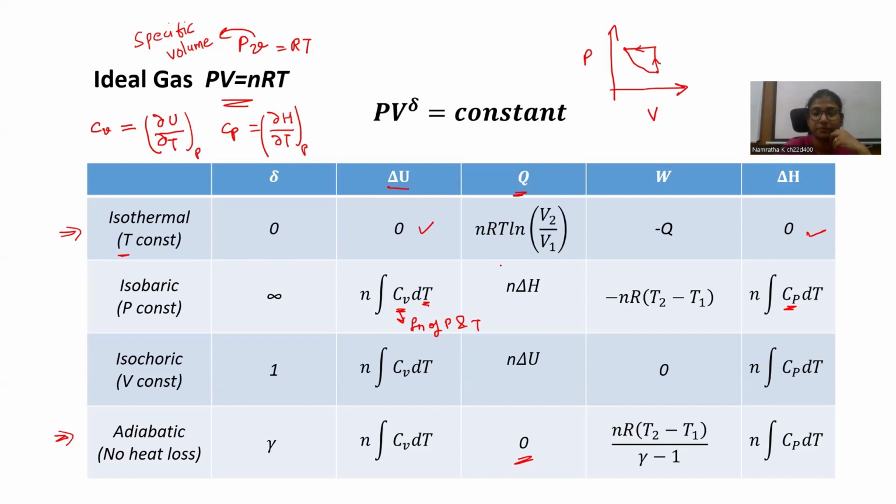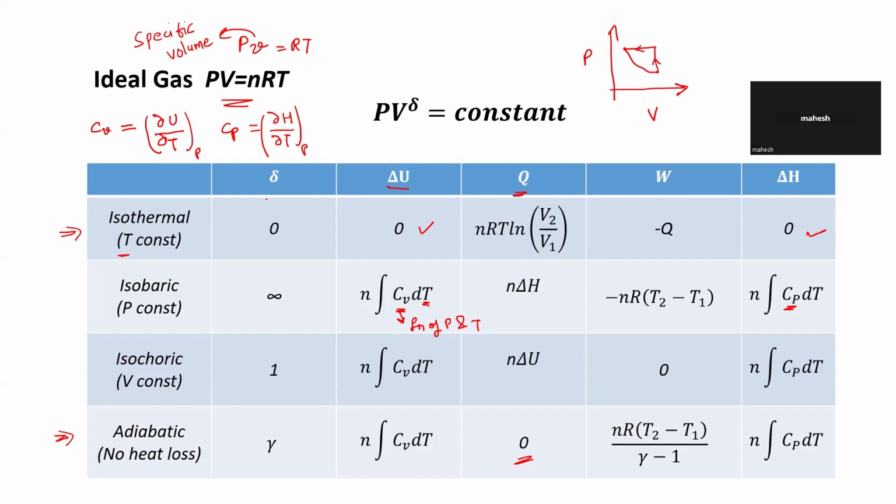For the other processes also, in the above discussion I forgot to say that all these processes follow the same trend, that is, PV to the power delta is constant.